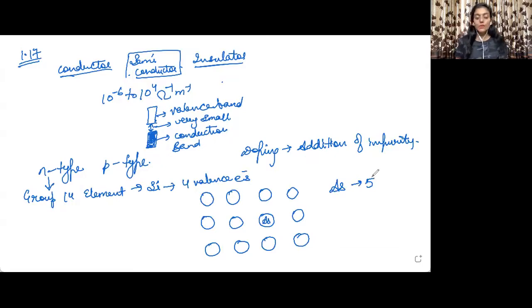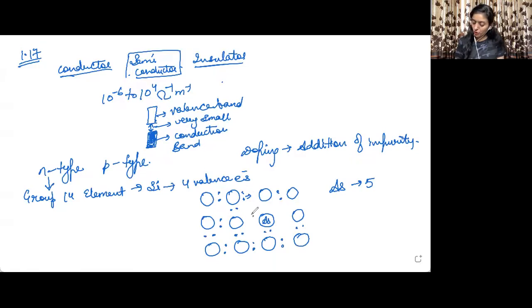Now all the silicon atoms are forming 4 bonds with other silicon atoms. Now when we dope it with arsenic, what will happen?